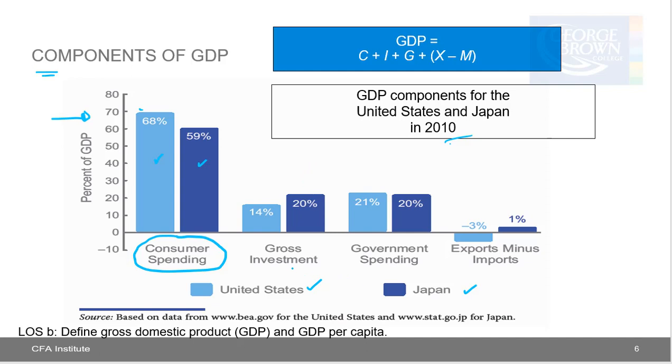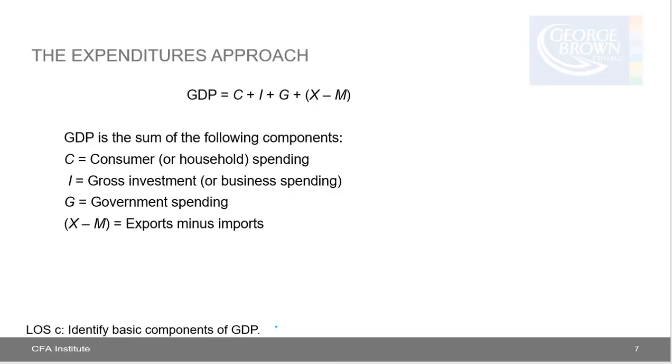Then you can see that, again, just the formula for GDP, just to remind you: consumer spending plus gross investment plus government spending plus, in brackets, exports minus imports, okay? And the largest component of GDP is consumer spending. Learning outcome statement C is identify the basic components of GDP, and we've done that. GDP equals C plus I plus G plus brackets X minus M, and GDP is the sum of the following components.